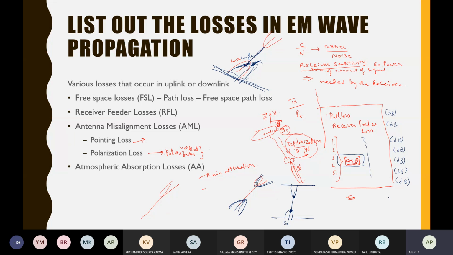All this you list out, and within the receiver, the thermal noise of the receiver and whatever else is there, you write it all. So you will get some dB, X dB for the losses, and you need at least Y dB to understand the received signal. So overall X plus Y dB should be there.